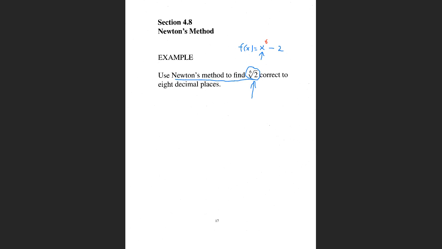Because if you take x to the sixth power minus 2 and set that equal to 0, you're going to get x to the sixth power equals 2, right?